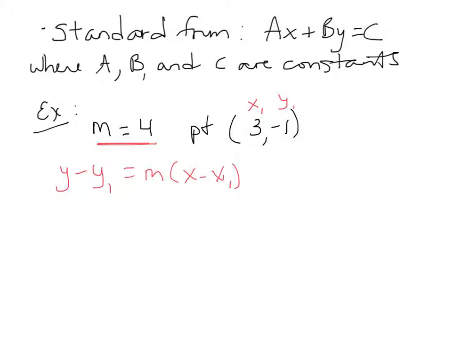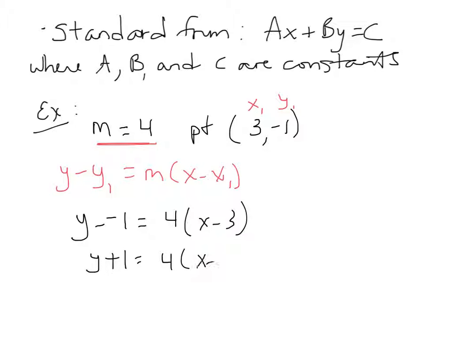So my equation would look like this. Y minus -1 equals 4 times the quantity x minus 3. We would rewrite that as y plus 1 equals 4 times x minus 3.